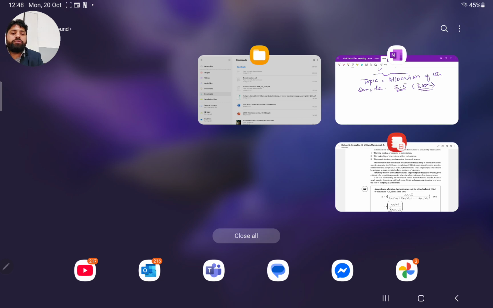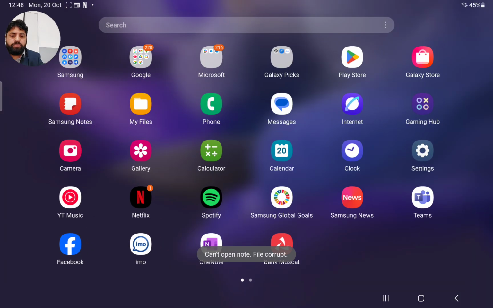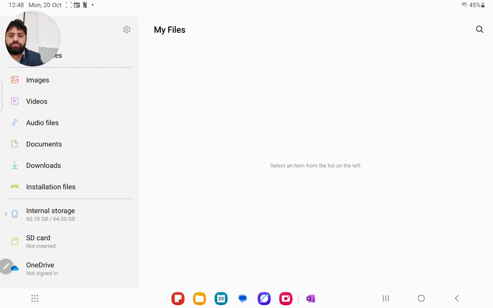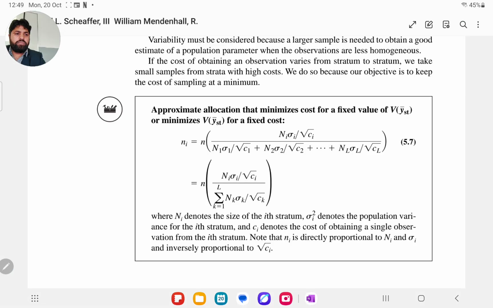And the key formula. So here is the key formula for the allocation.